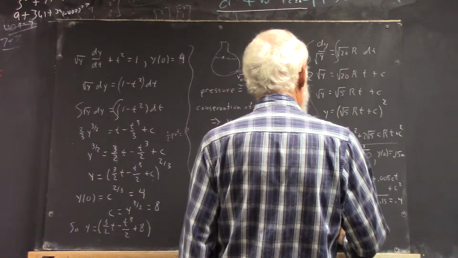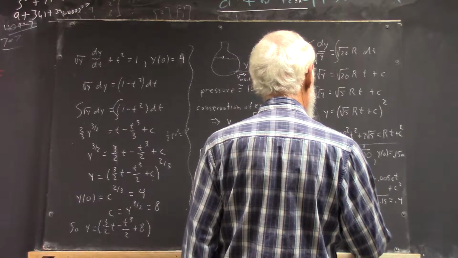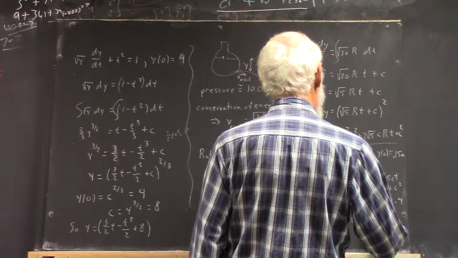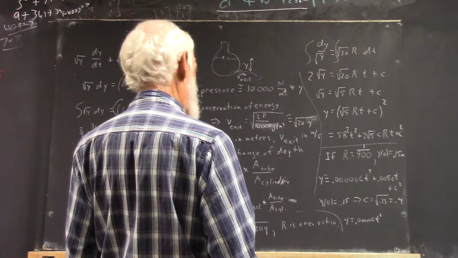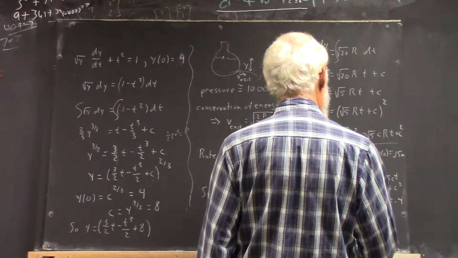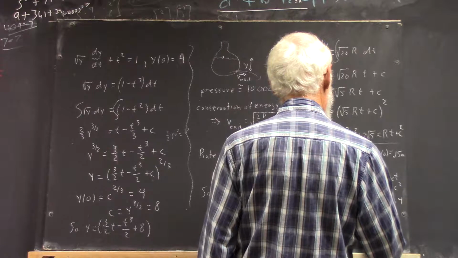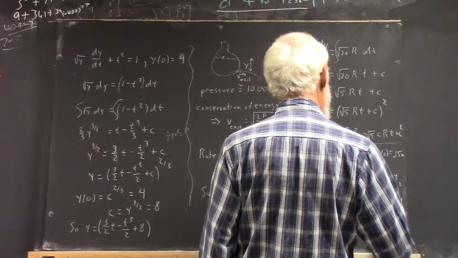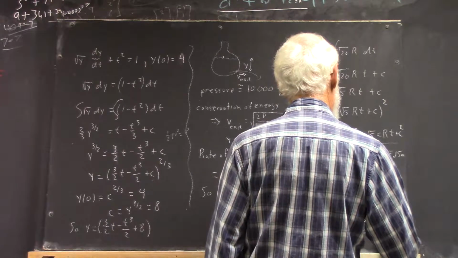So we would end up with something like y equals this plus 0.002t plus 0.15.